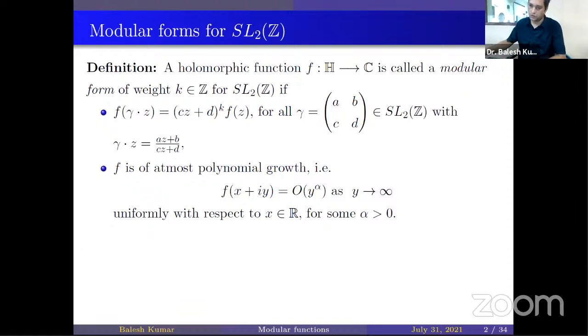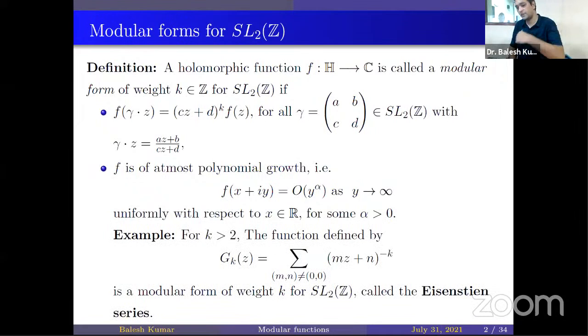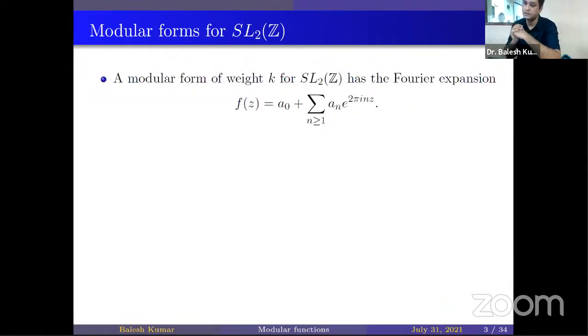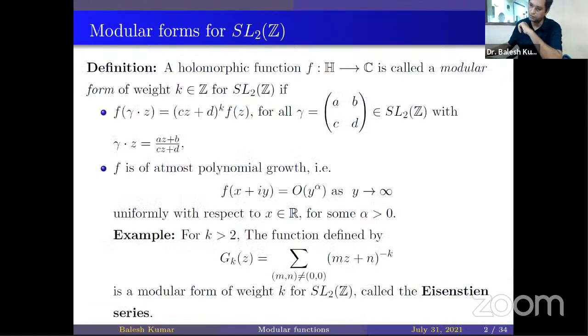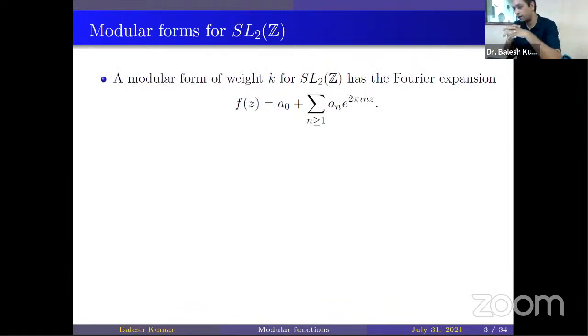The very first example, for weight k greater than 2, is the Eisenstein series, which is a modular form of weight k for SL2Z. Since this modular form is invariant under the action of the matrix (1 1; 0 1), it is translation invariant, and one can write down the Fourier expansion of this modular form as a0 plus the summation over n from 1 to infinity of a_n e to the power 2 pi i n z.